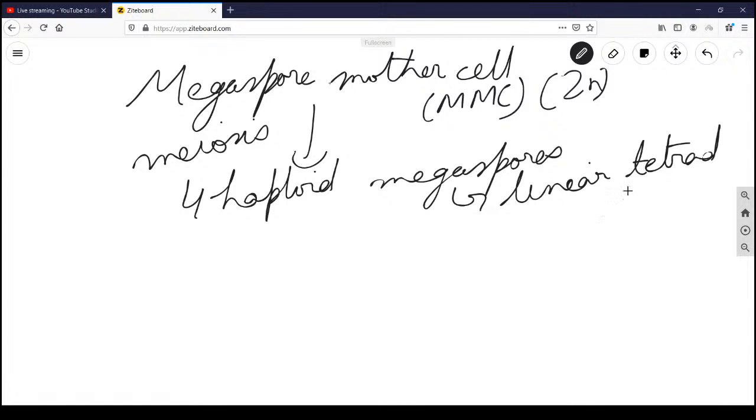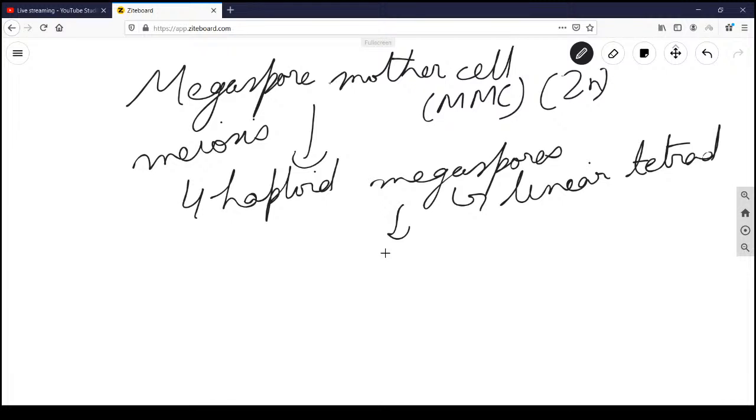In a linear tetrad, usually the upper 3 megaspores degenerate. When the upper 3 degenerate, only one megaspore remains.